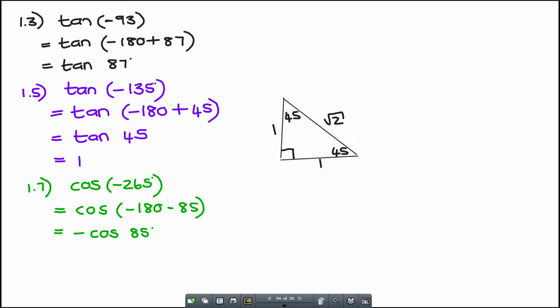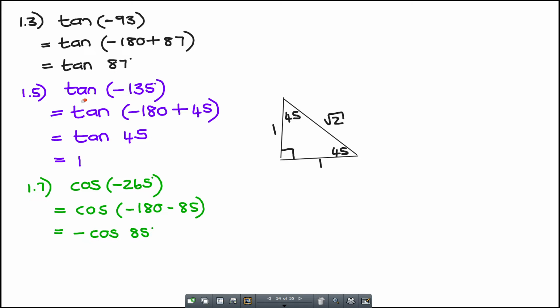Okay, by 1.3 het ek dan minus 93, jy neem net foto. Minus 93 is dieselfde as minus 180 plus 87. Onthou daai 87 is nog steeds 'n skerp hoekie, né? Okay, en dan minus 180 plus 'n hoek sit vir my in die derde kwadrant. And in the third quadrant, tan is positive, so that's why it becomes positive tan 87.